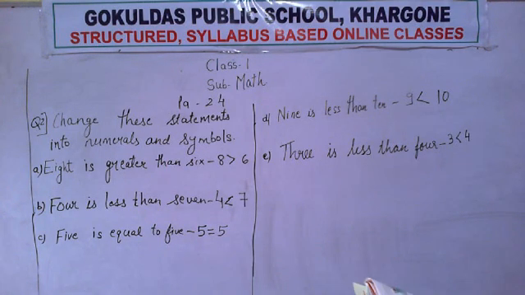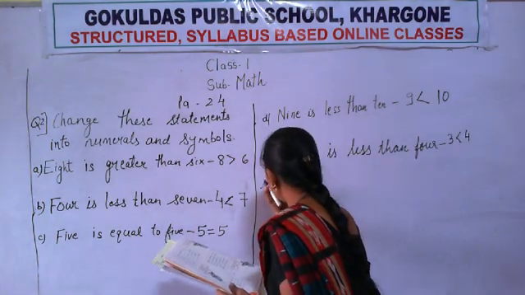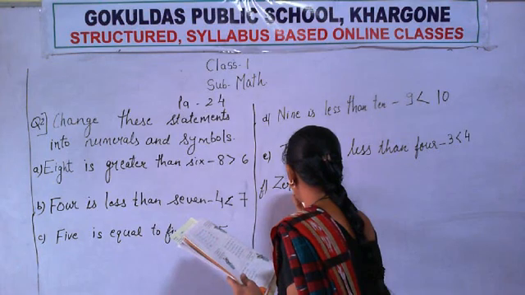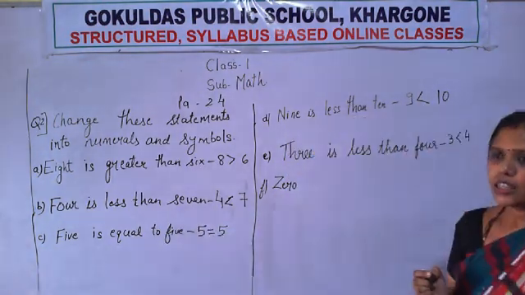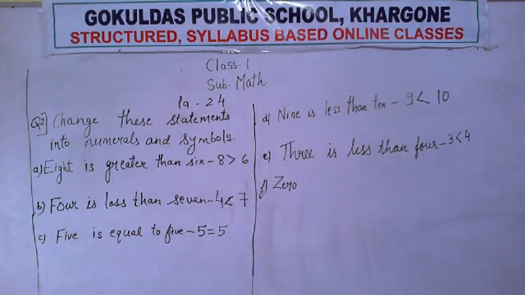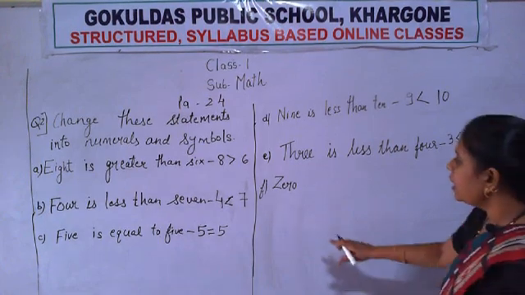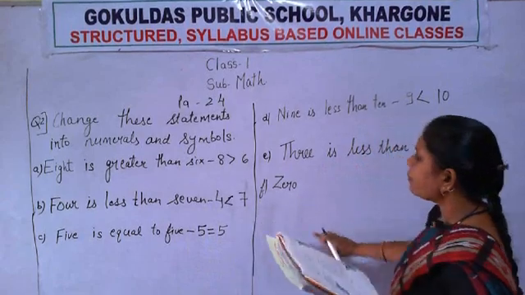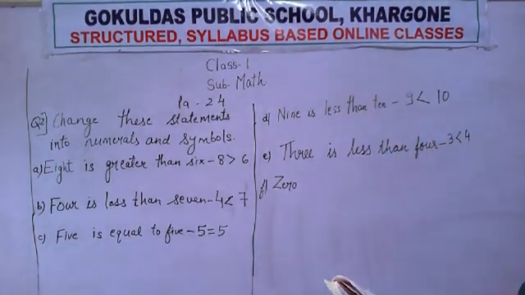Now last, F. ZERO. What is this written? ZERO means 0. Okay. I have explained to you before the concept of 0. What is 0?